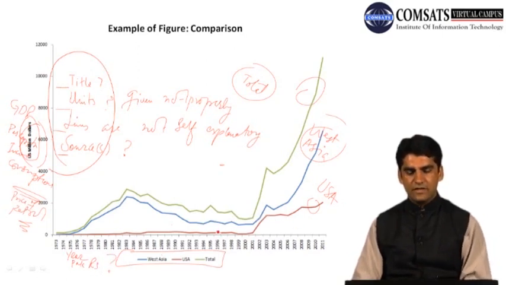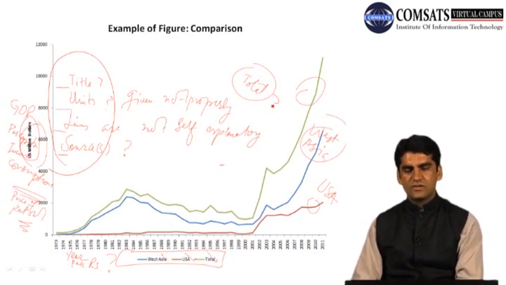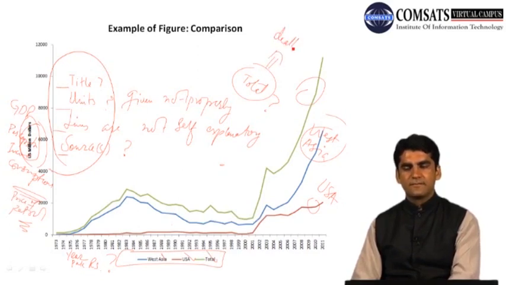Again we have written total, USA, West Asia, but what is total? Is it total deaths? Is it total per capita income? Is it total health expenditure?